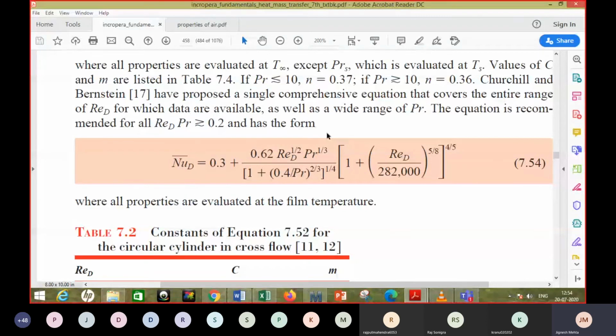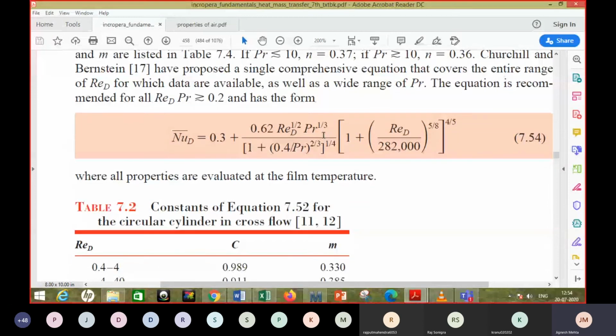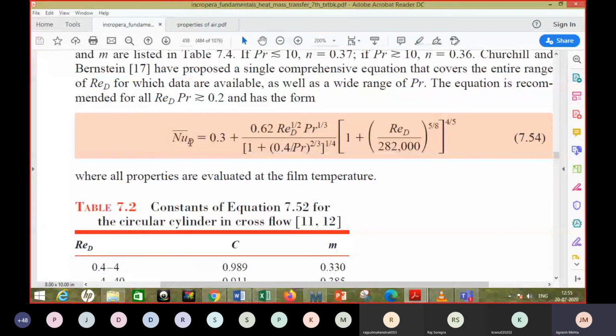Now you might have a question in your mind whether you need to remember these formulas or correlations. No, you don't need to remember them, but they may not be directly given in the problem, but may be given in an appendix, and you may have to choose the right formula. So I may give the formula as it is, the way you see it here, but you understand that you know the nature of the correlation.